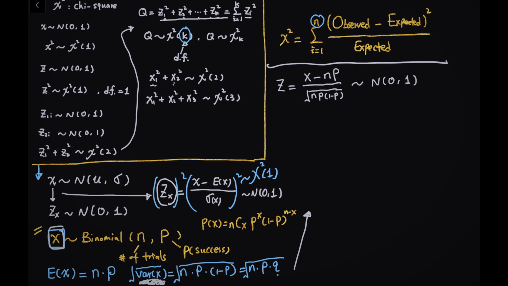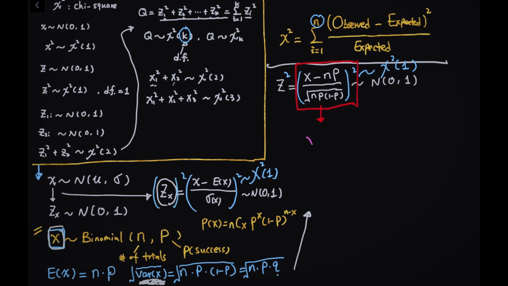And then we squared it. We can square this. And this follows chi-square distribution with degrees freedom 1. So now the key lies in understanding this part. We can understand this.